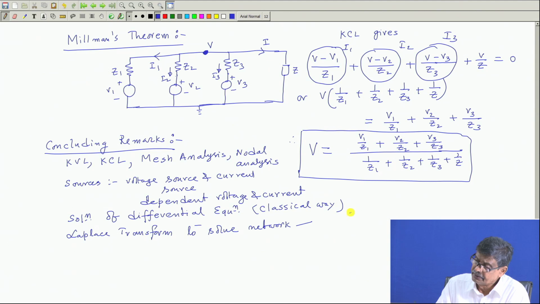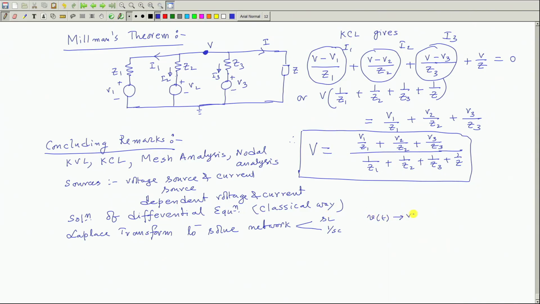Only thing, wherever there is inductor you replace it by SL, wherever there is capacitance you replace it by 1 by SC, and R you do not do anything, R keep it there, and supply voltage Vt change it to Vs. Any currents in the circuit It change it to Is. Then Vs becomes equal to Zs into Is. Therefore, I can invoke all the rules that we have learned in DC circuits, because it is also linear so far as Z is concerned, Z is a constant thing.